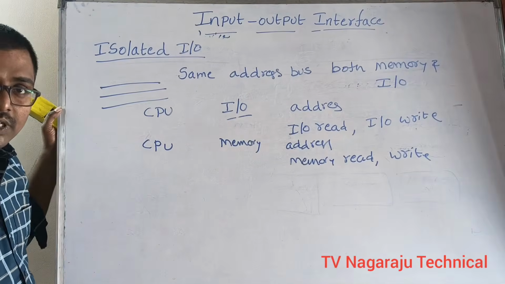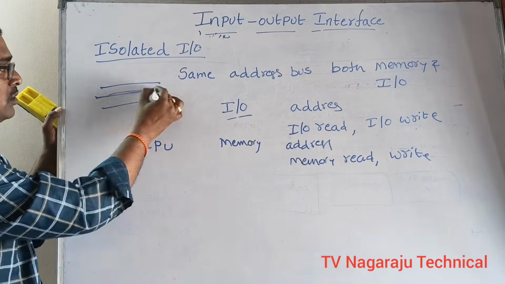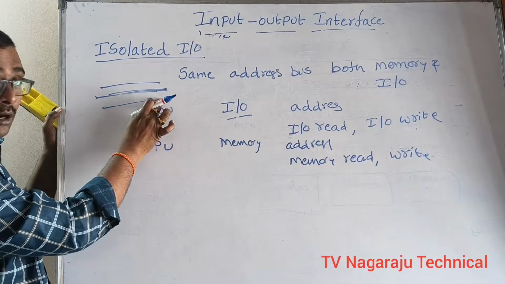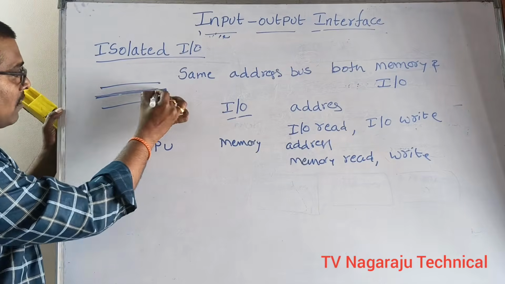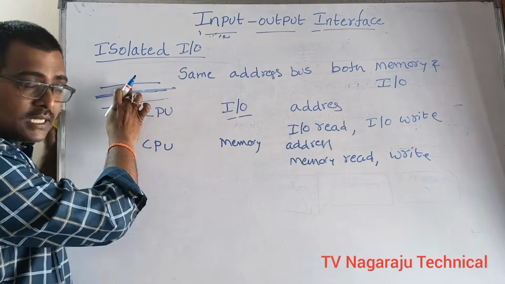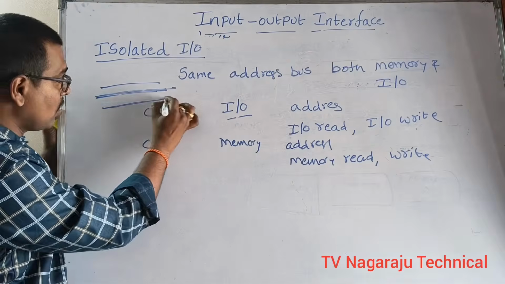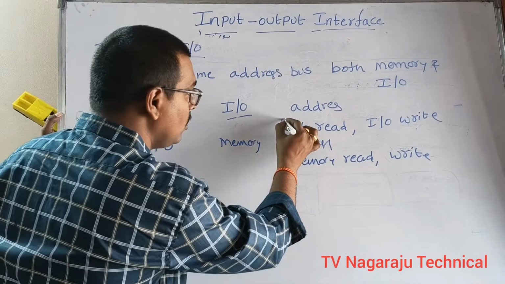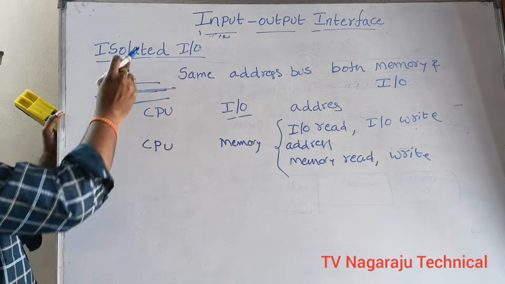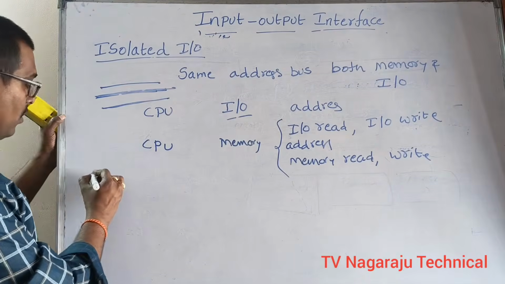For an IO instruction, the CPU places the address on the address line, and the control lines are IO read, IO write. If it is memory, the CPU places the address of the memory, and the control lines are memory read, memory write. That is, the control lines are different. This is called isolated IO.